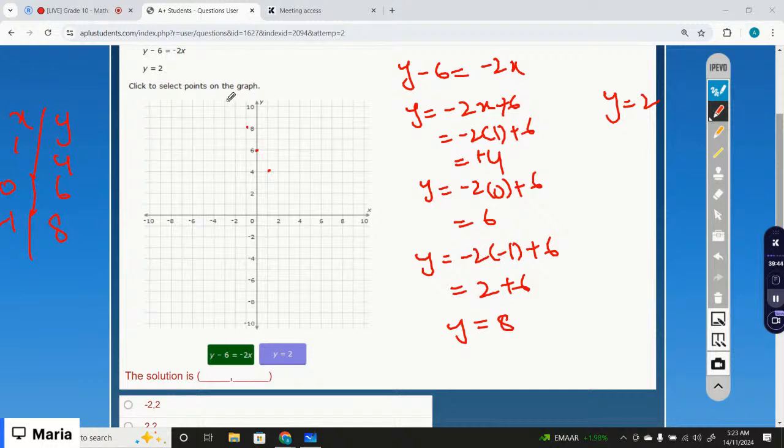So join these points and make a line. It is like this. The second one is y equals 2. This is the line for y equals 2, right? So according to this, the solution is x equals 3 and y equals 2.